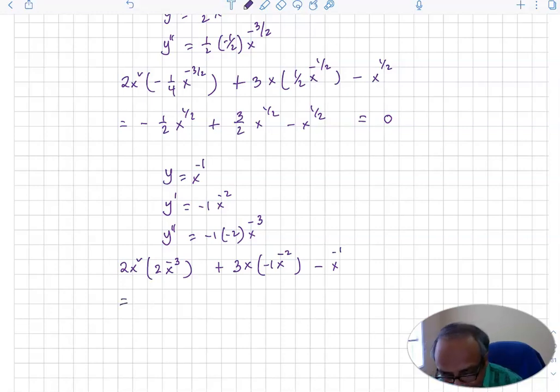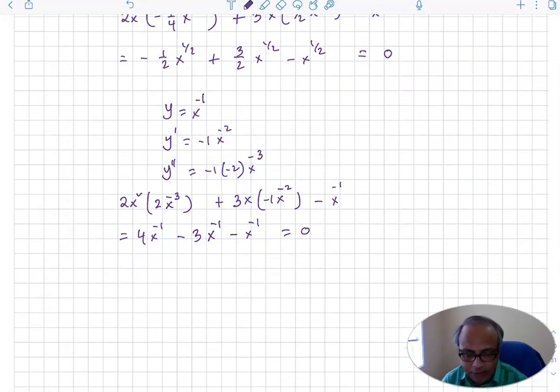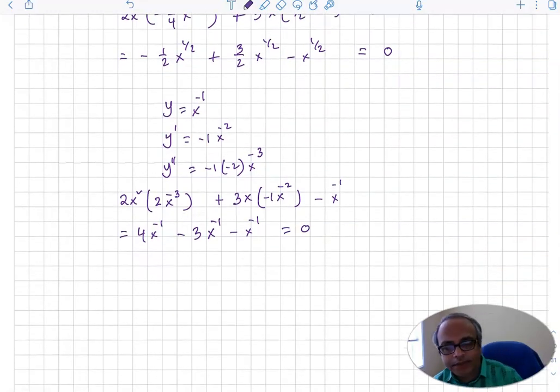And the first term is 4x to the power minus 1, the second term is negative 3x to the power minus 1, and then minus x to the power minus 1, and then see it is 0. Okay, so the given functions are solutions.